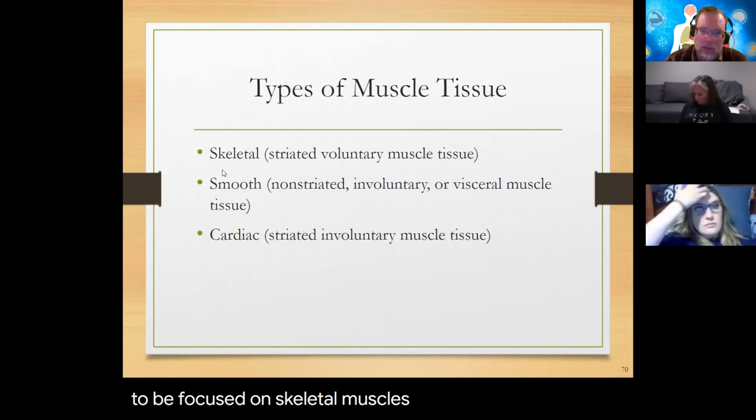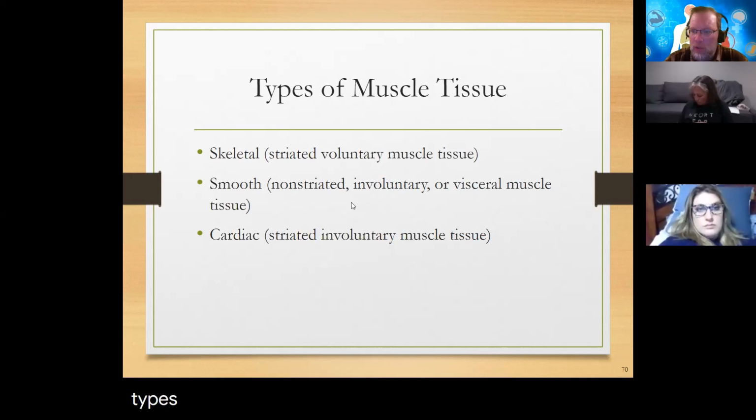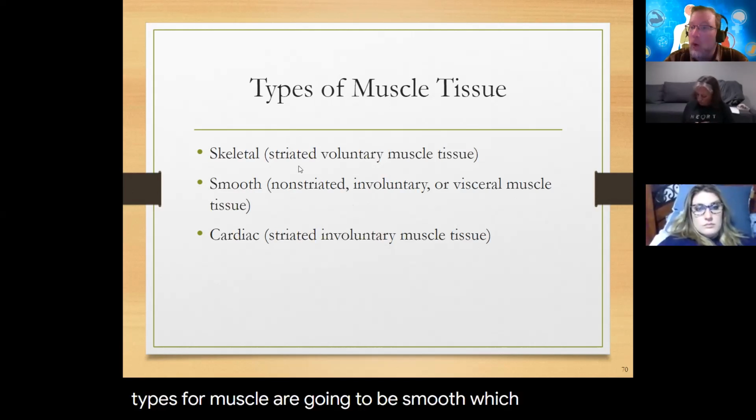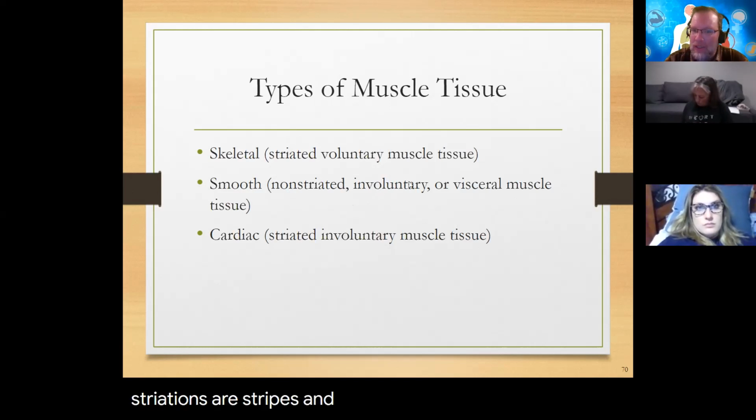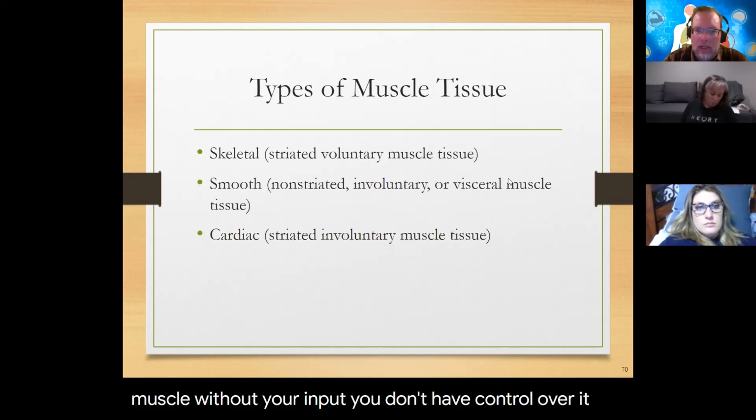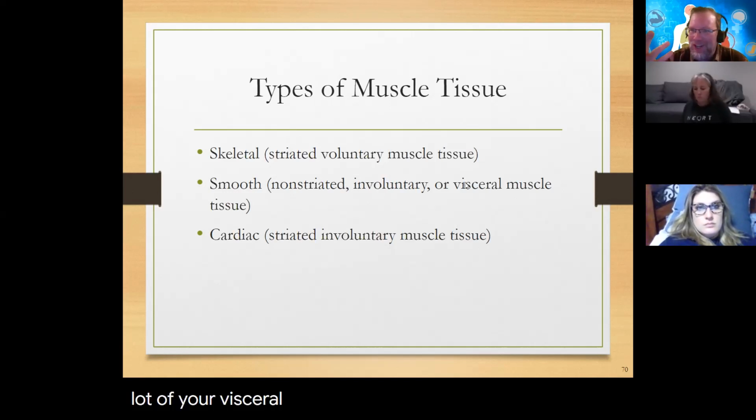The other two muscle tissue types are going to be smooth, which means no striations or stripes, and it's involuntarily controlled. So the nervous system regulates the activities of smooth muscle without your input. You don't have control over it. A lot of your visceral organs, your guts, right?